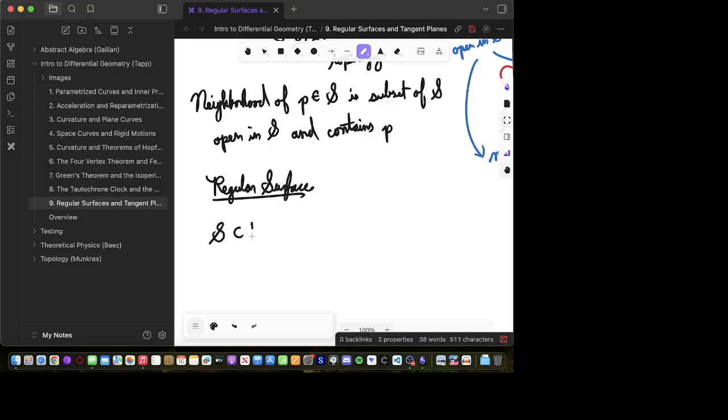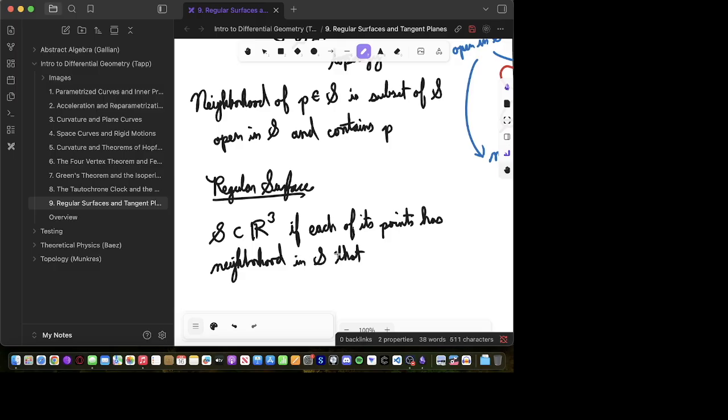A set S in R3 is called a regular surface if each of its points has a neighborhood in S that is diffeomorphic to an open set in R2.